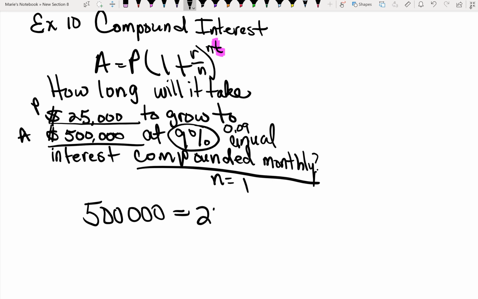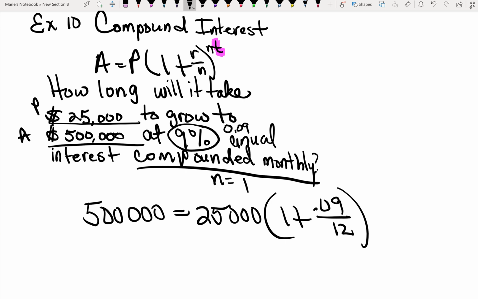That's equal to 25,000 times 1 plus 0.09 divided by 12 raised to the 12 times t. We're looking for t. Okay, and so again, that's the focus of these types of problems.